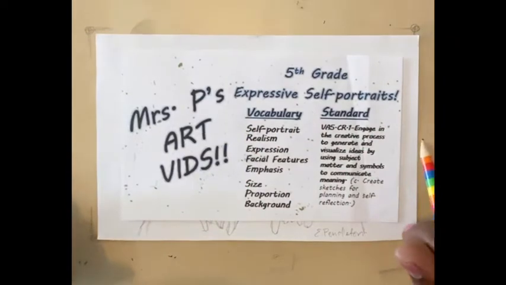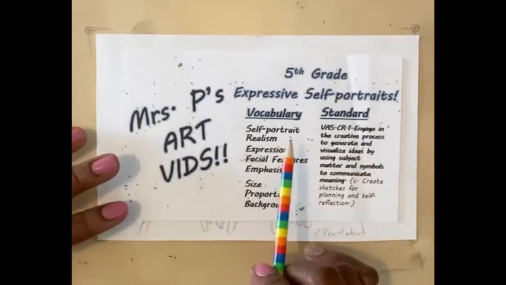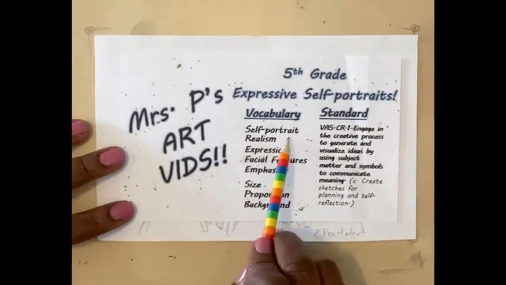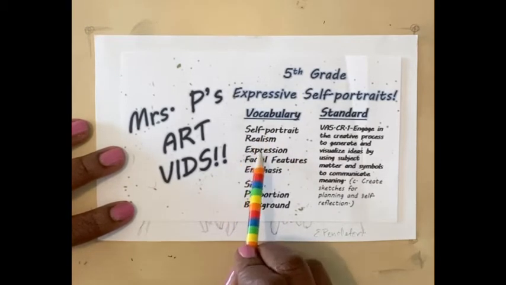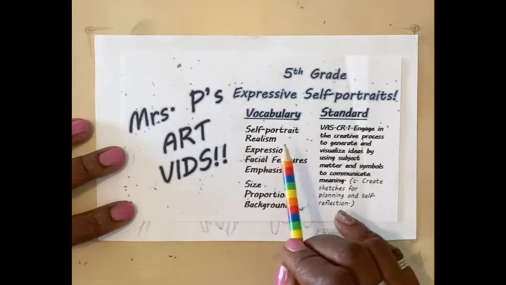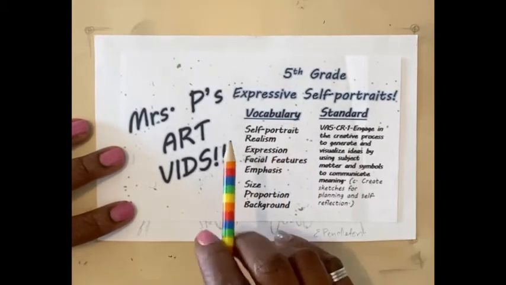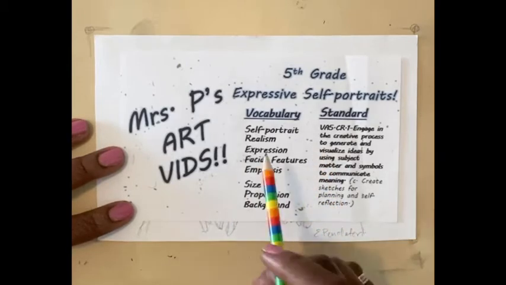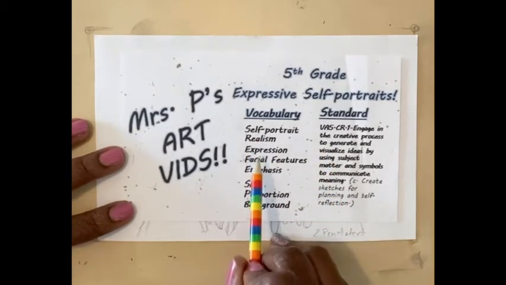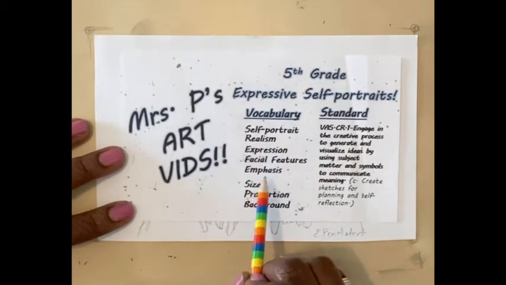All right, artists, let's pick up where we left off. First, we're going to go over the vocabulary. We already talked about how we're working on a self-portrait, and what we're trying to do is explore a little bit of realism. That does not mean that your drawing has to be absolutely photorealistic. We're not looking for it to look like a photograph. Mine doesn't either. But we're trying to avoid drawing in a cartoon-like fashion.